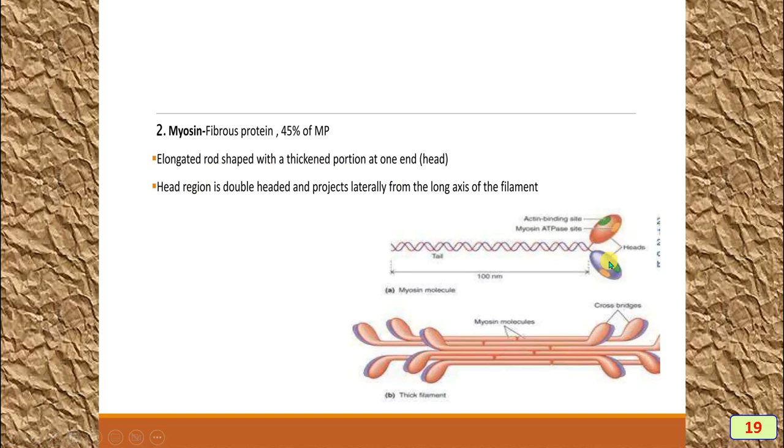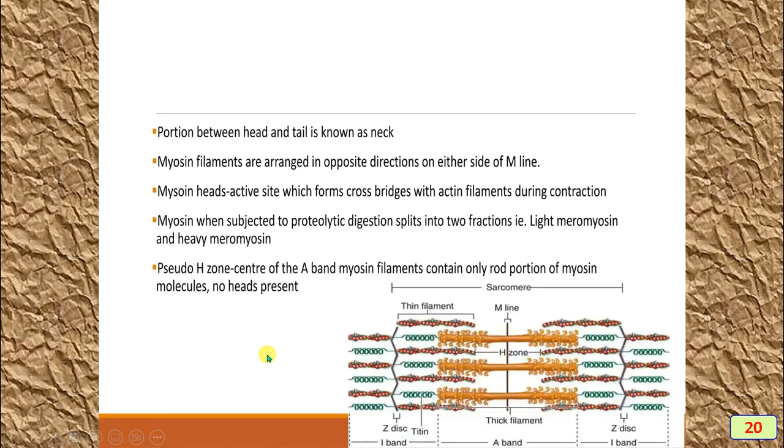They are called the myosin heads. The head region is double headed and projects laterally from the long axis of the filament, so sometimes it is on both sides. The portion between head and tail is known as the neck.